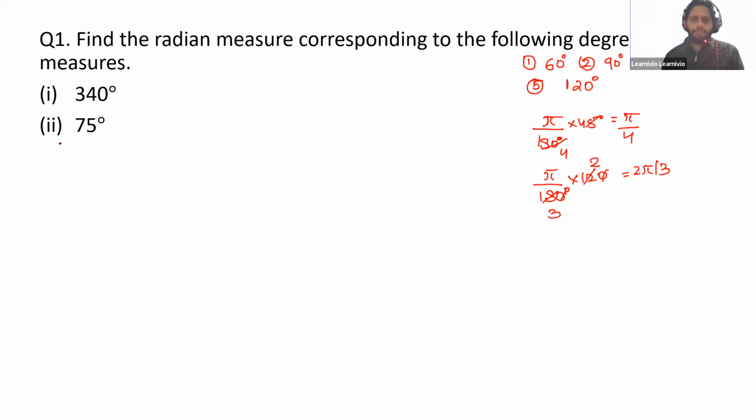Very good, Krishna. This is very good. Good, Yusra. This is correct. What figure is this one?